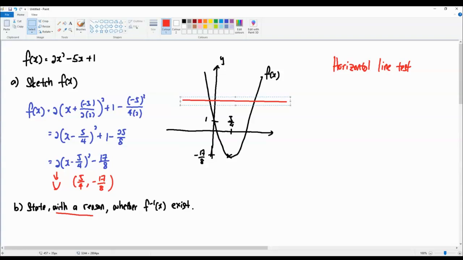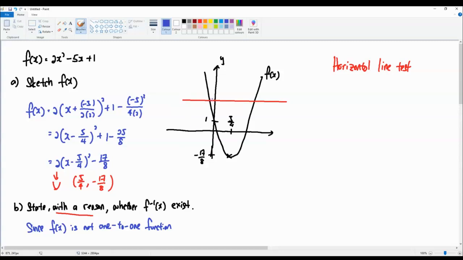So how to write? The answer is, since f(x) is not 1 to 1 function. 1 to 1 function means the intersection must be only once.